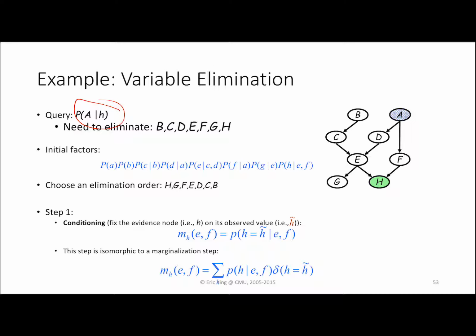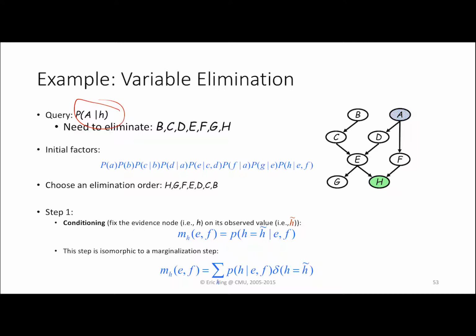That I've seen this evidence, so I change my CPD such that the probability of the thing that I've observed is 1 and the rest is 0, because I've already observed it. So you can view H as also part of the chain. There's nothing different between what you have observed and what you are integrating out, because you can manipulate the CPD, and you will still have this matrix-vector format.